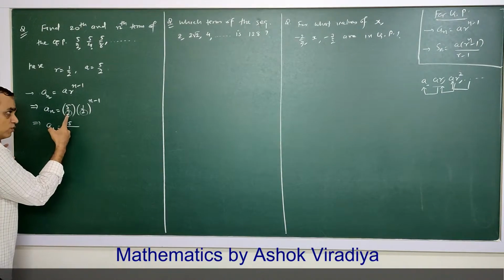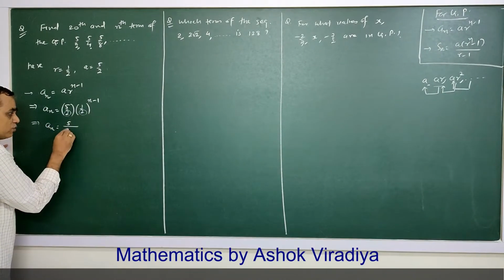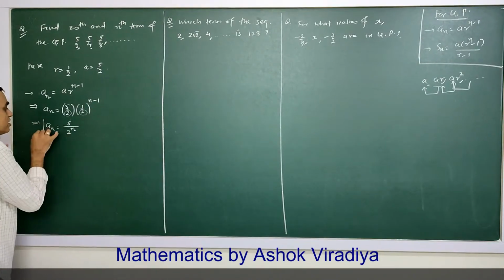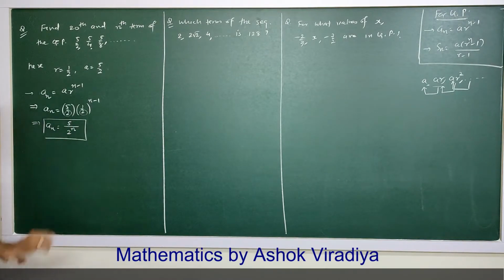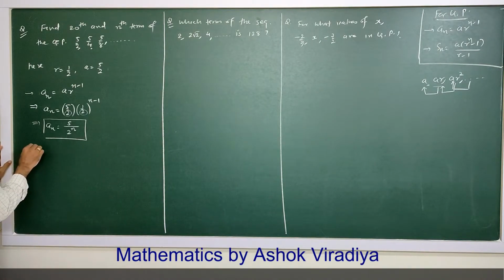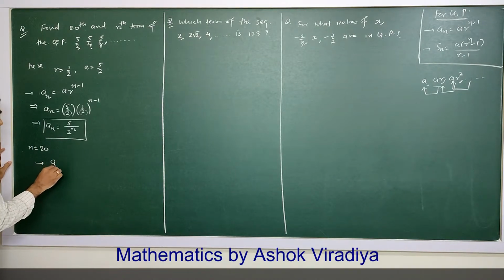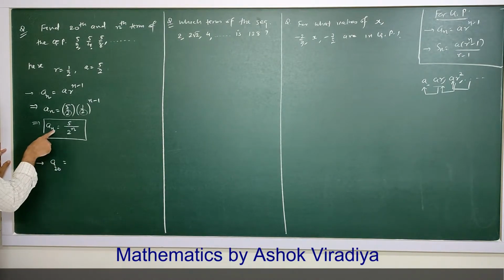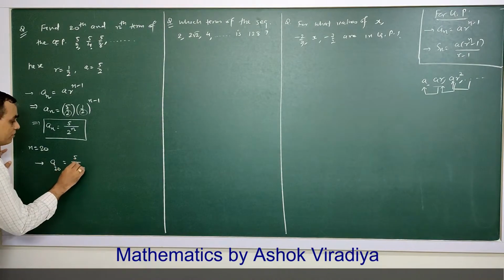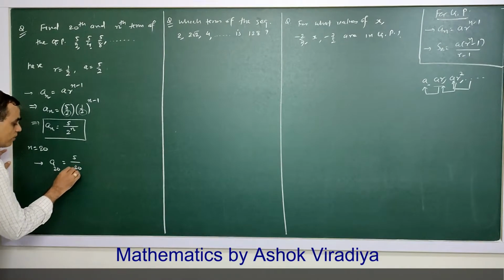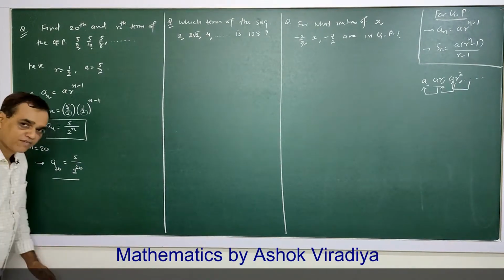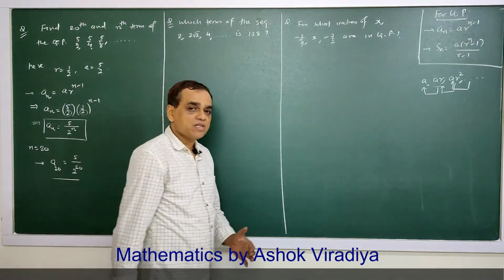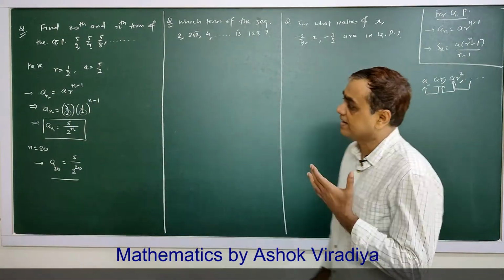So 2 raised to 1 into 2 raised to n minus 1 is 2 raised to n. So this is the formula for the nth term. And to find the 20th term, putting n equal to 20, we get the 20th term. So the 20th term is 5 upon 2 raised to 20. So any term can be found if we have the formula for the nth term.